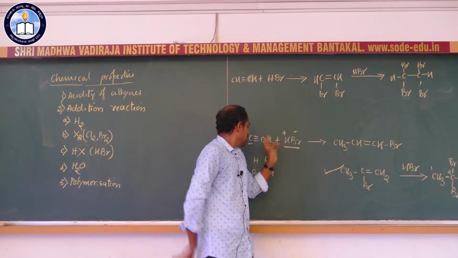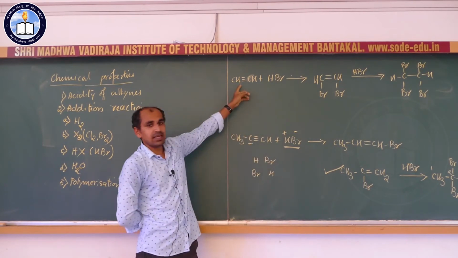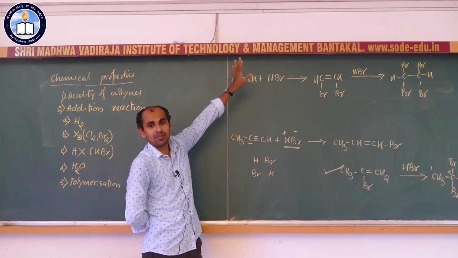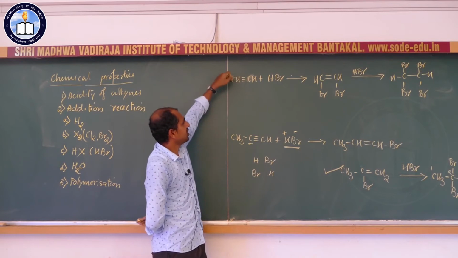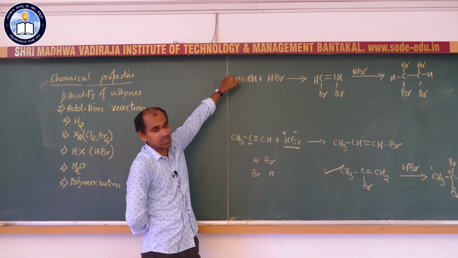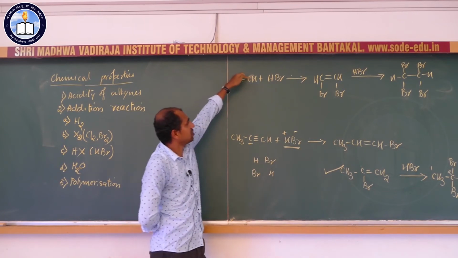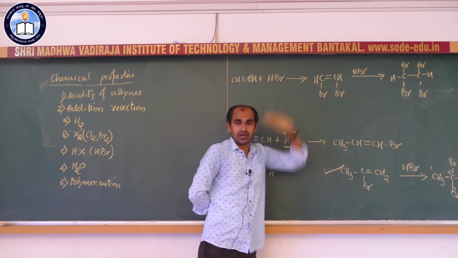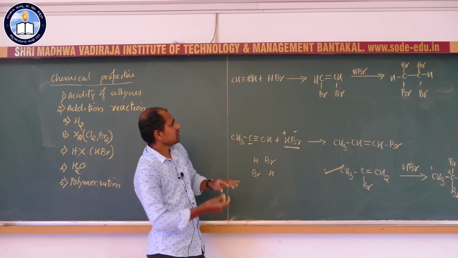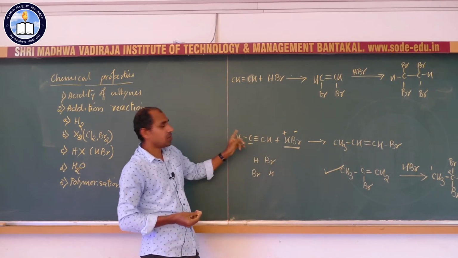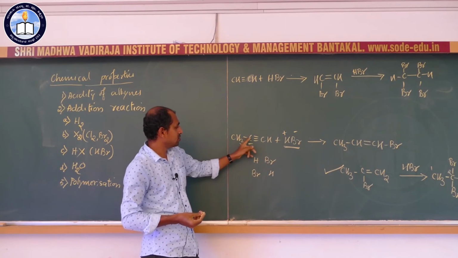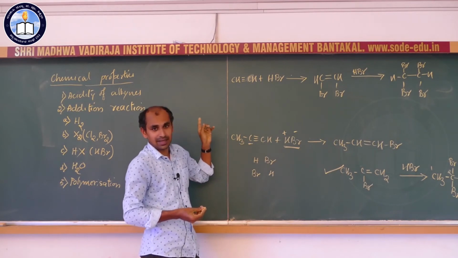If you start from ethyne, there is no problem because both sides are identical groups. H can attach to this carbon or this carbon, and you will get the same product. But if you start from propyne, it is an unsymmetrical alkyne.